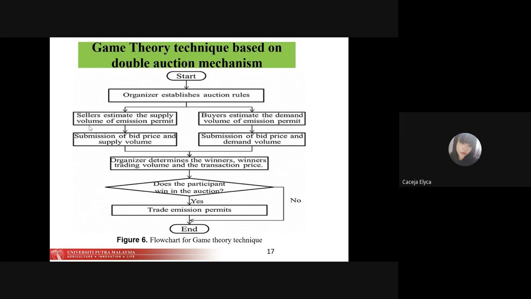So we will have price stability in the app, and there will be no bias in the market price in the game theory technique.